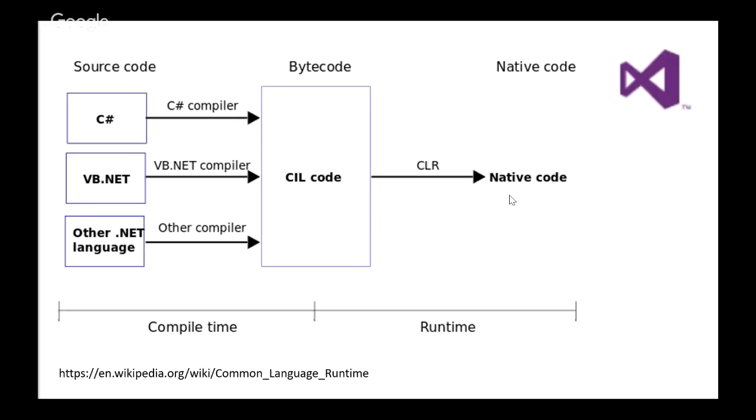Because if you already know which CPU your program is running on, you do not want intermediate language, right? Because you want to compile down to native, so that at runtime there is no additional cost to compile it again. Sometimes you have to.